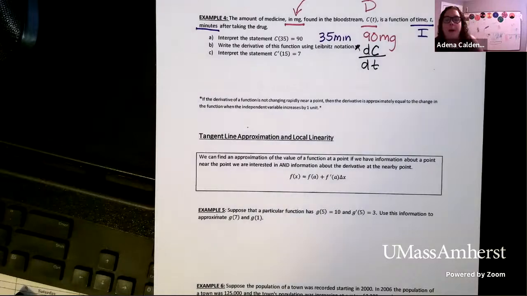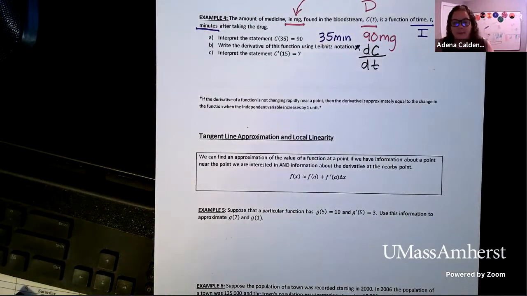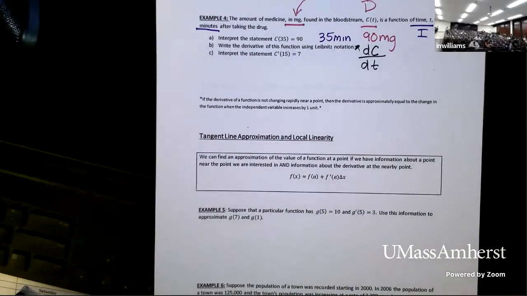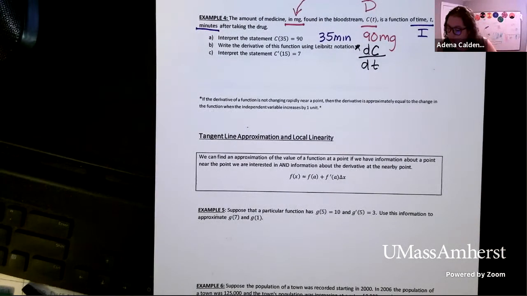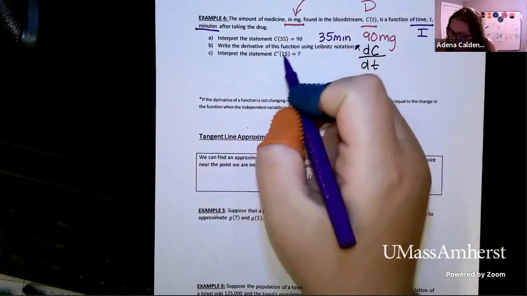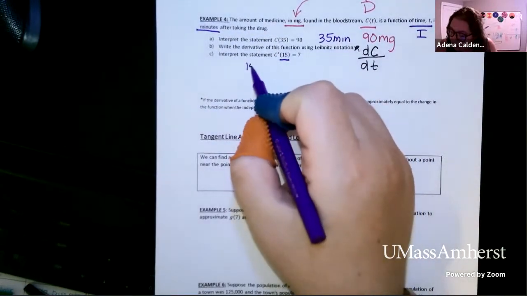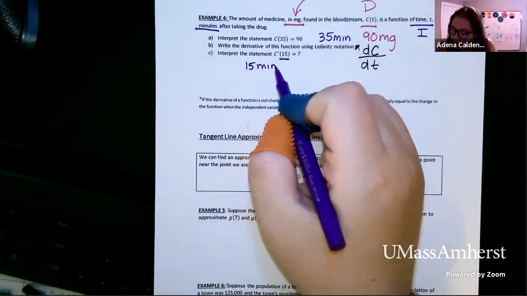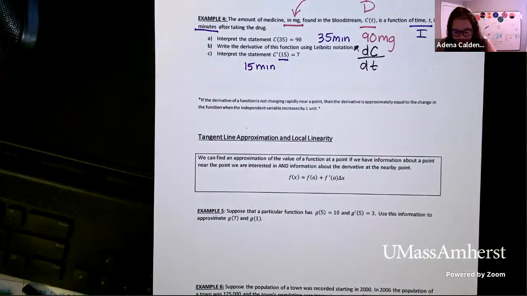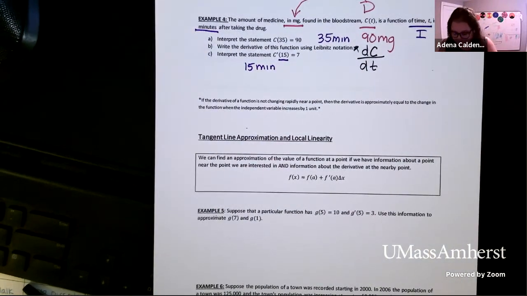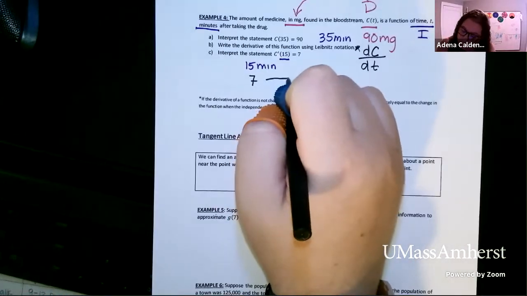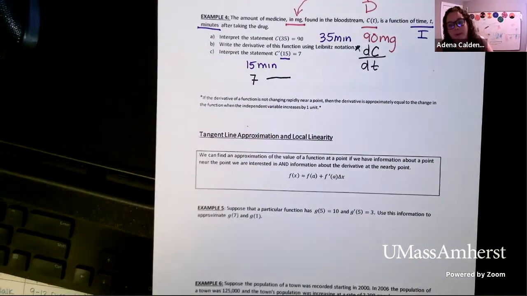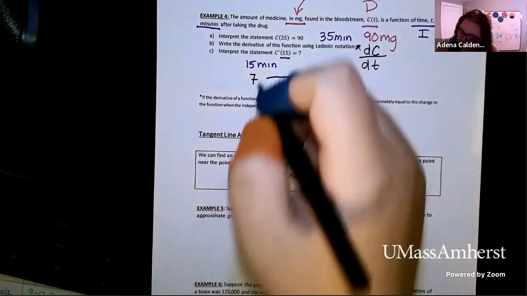Okay. And for part C, when we're interpreting the statement C prime of 15 equals 7, again, the number that gets plugged into the function is your independent value. So here, we're talking about what's happening after 15 minutes. And the 7 is where we have to find our derivative units, which are the dependent units over the independent units.